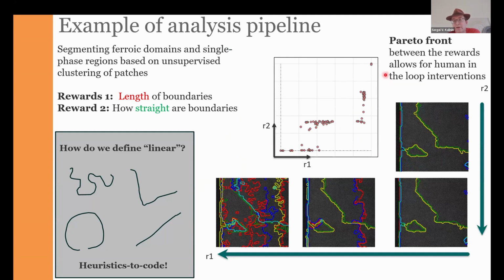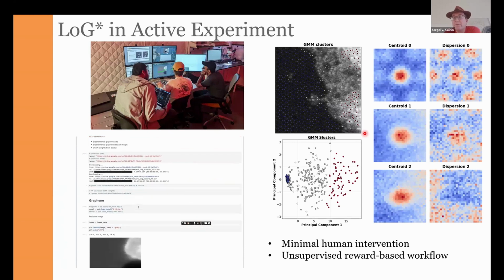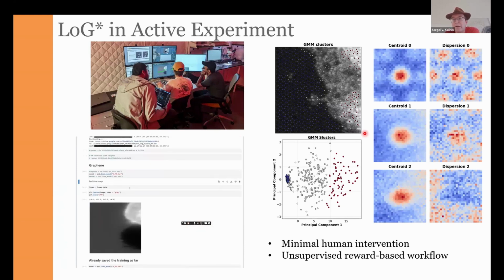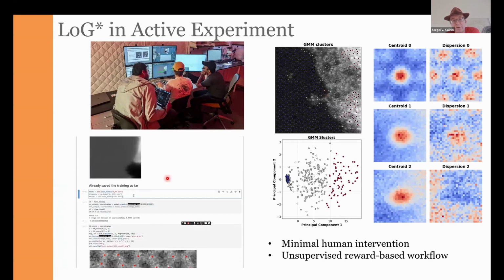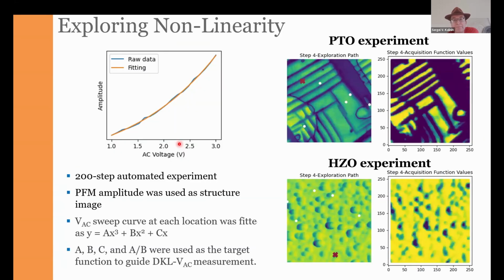We can use unsupervised learning in order to segment the images in an unsupervised manner. And if we have multiple rewards, then we also have to deal with the Pareto front. The nice thing about this type of workflow is that it's unsupervised, which means that we can deploy it on the active instrument. And this is an example of this unsupervised reward workflow running on spectra.